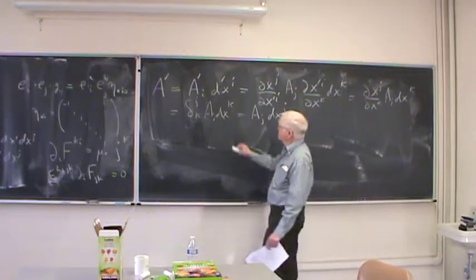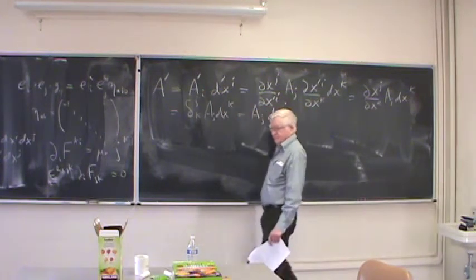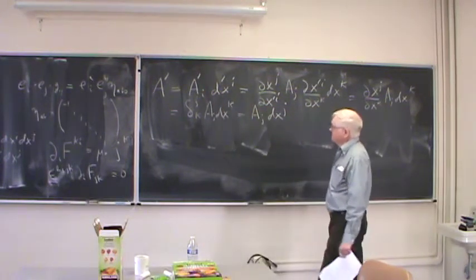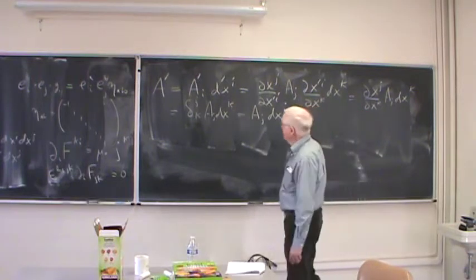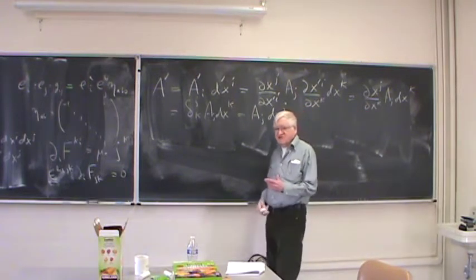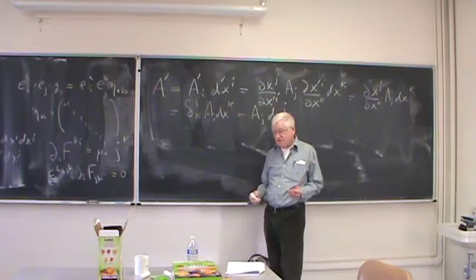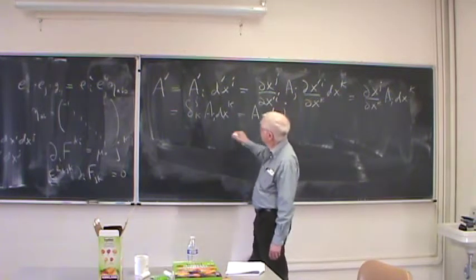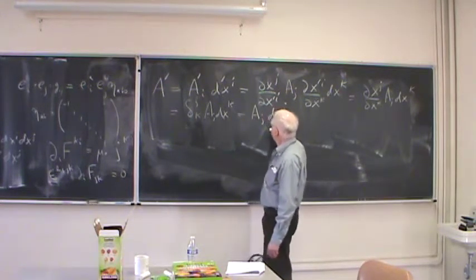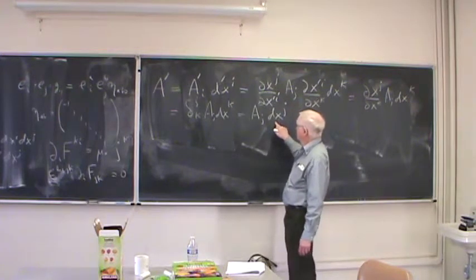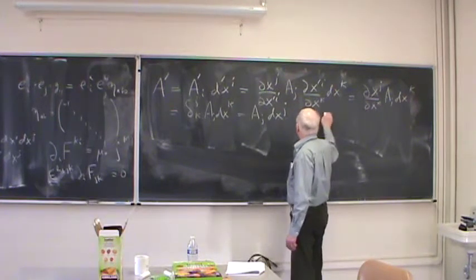So in other words, this thing here is invariant. We could even say that it's physical. In any event, it's invariant, and it's called a one form.